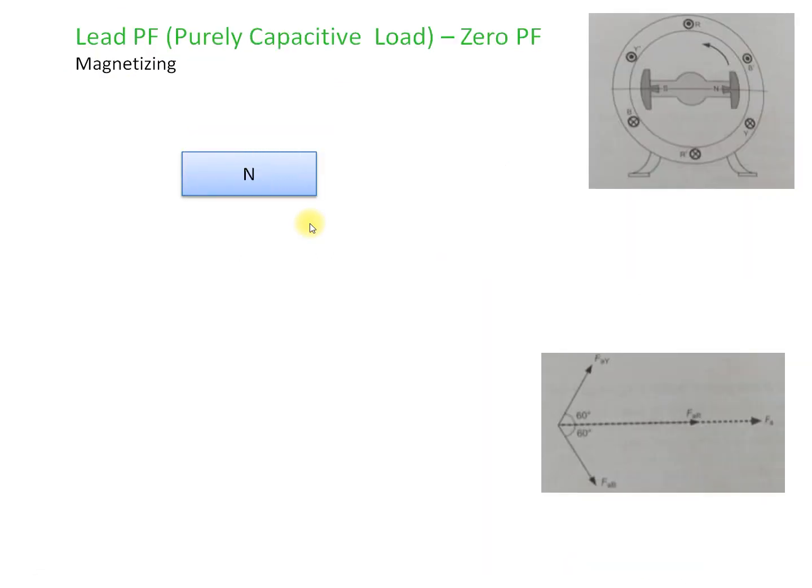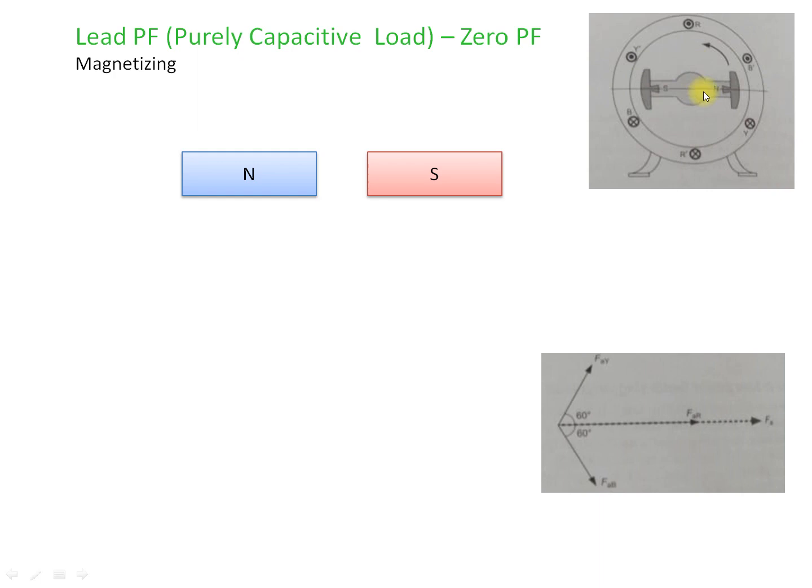And surely whenever we are seeing a purely capacitive leading power factor load, the north pole will be coming along this side and the south pole along this side, because the current will be leading the voltage by 90 degrees, so that we will be having the zero power factor.